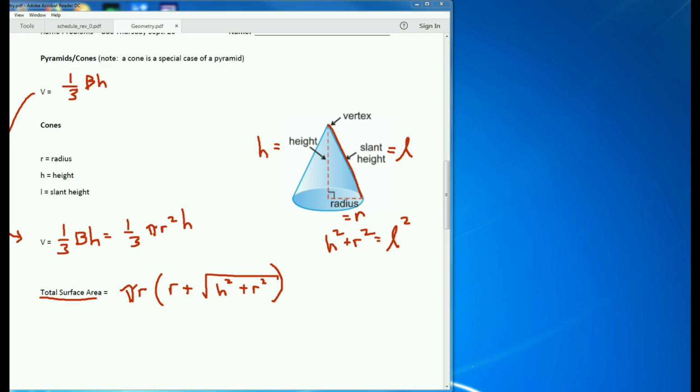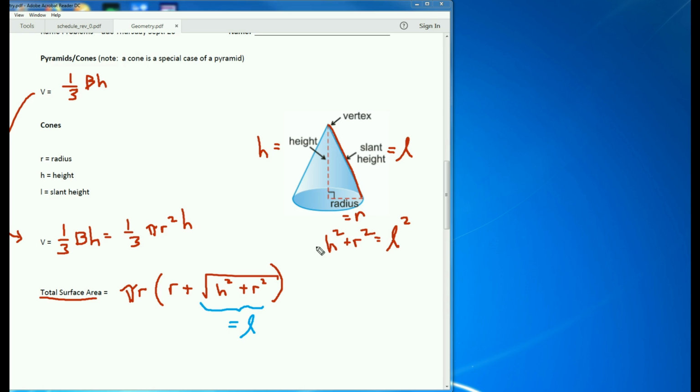All right, so that looks alarming, but it's not so bad. For one thing, the square root of h squared plus r squared is just equal to L, the slant height. That just comes straight from here.